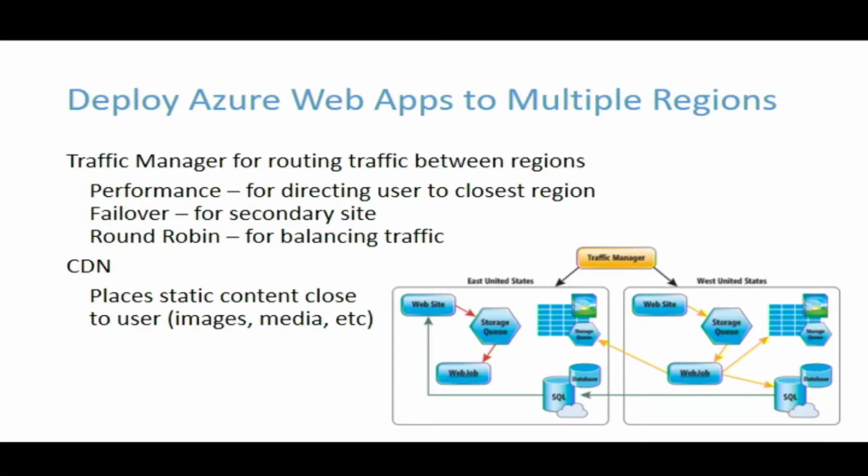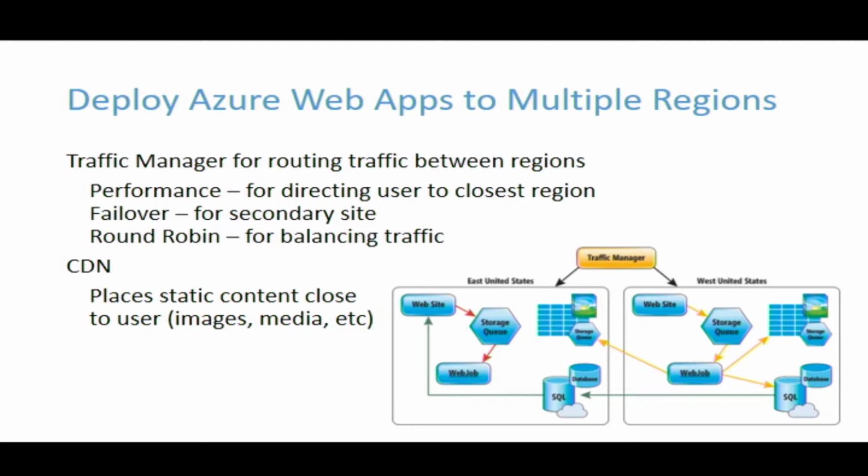Now, once you've got your app there, how do you take it a step further? What if one data center goes down, or you have multiple users all over the world or all over the US? Well, that's where Traffic Manager comes in. That removes at one level, so it can now spread load across multiple instances or regions for you.